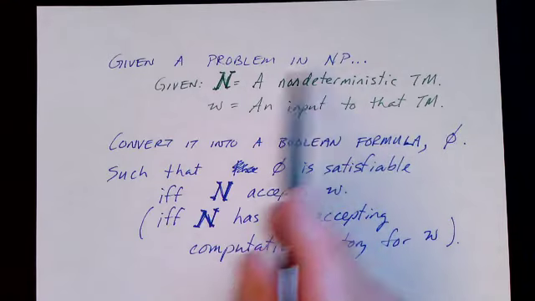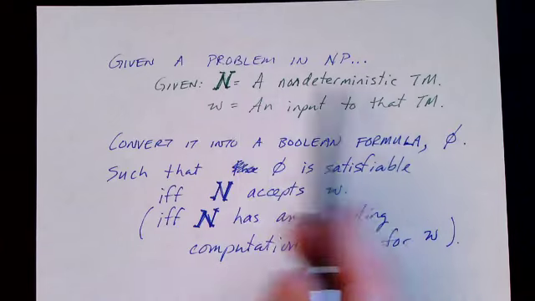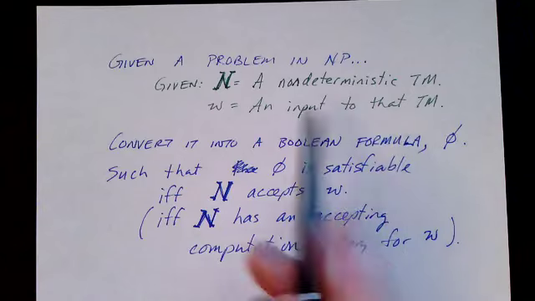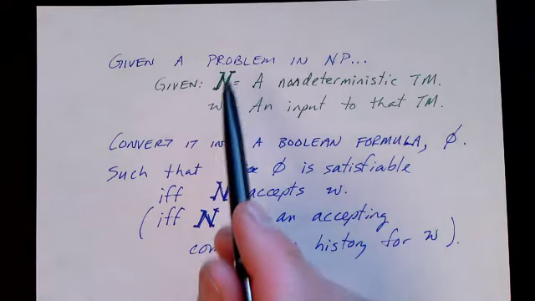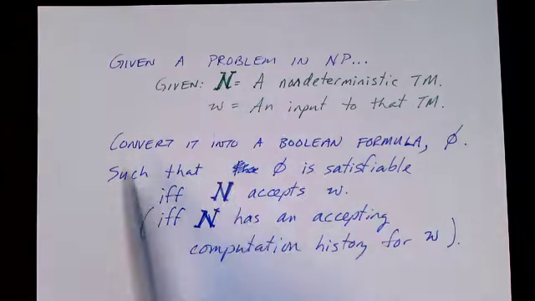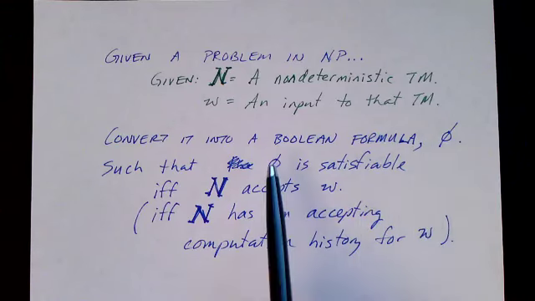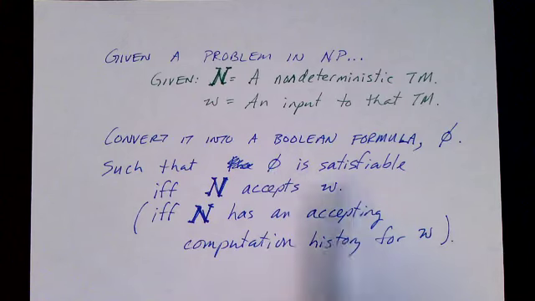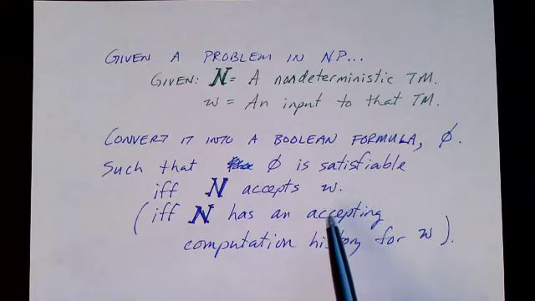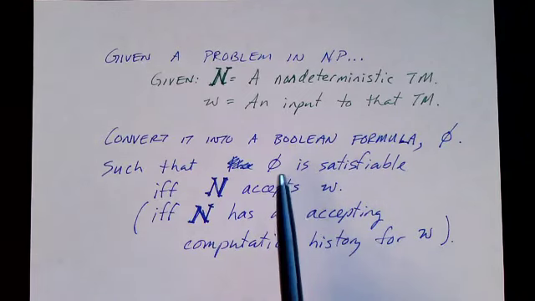Given a problem in NP means we've got a non-deterministic Turing machine, which we'll call N, and an input to that Turing machine, which we'll call W. So we are given N and we're given W. And we're going to have to convert it into a Boolean formula, phi, in such a way that phi is satisfiable if and only if that non-deterministic Turing machine accepts W. What that means is N has an accepting computation history for W. So if N accepts W, then the Boolean formula is satisfiable, and if the Boolean formula is satisfiable, then N accepts W.